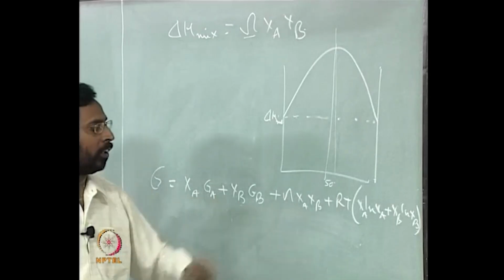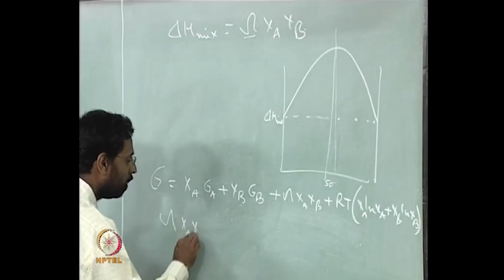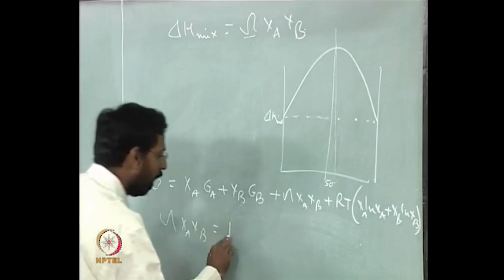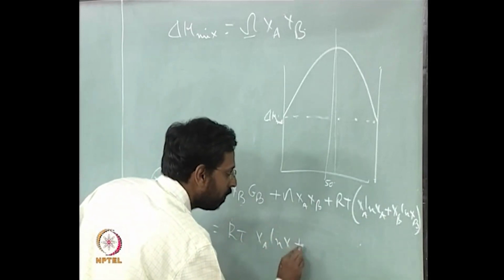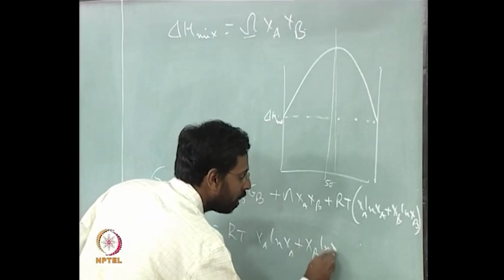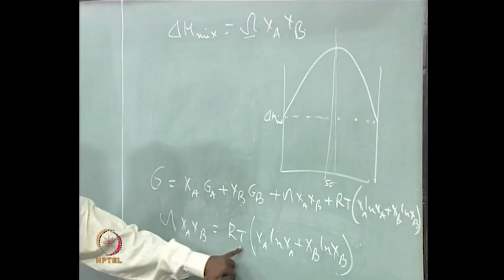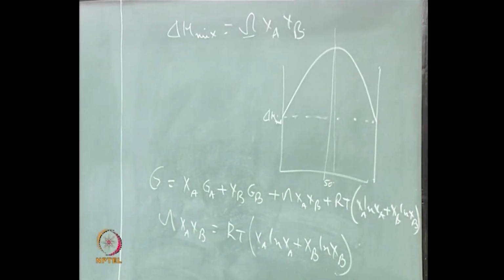Look at omega xa xb equal to RT (xa ln xa plus xb ln xb), and then equate these two and find out that T where this is equal. This is a very simple way of doing, but that is not the accurate way of doing.